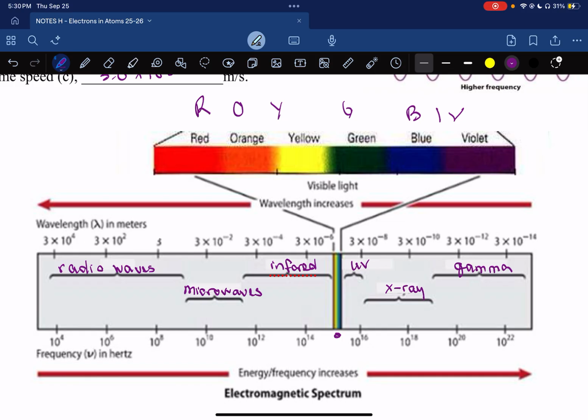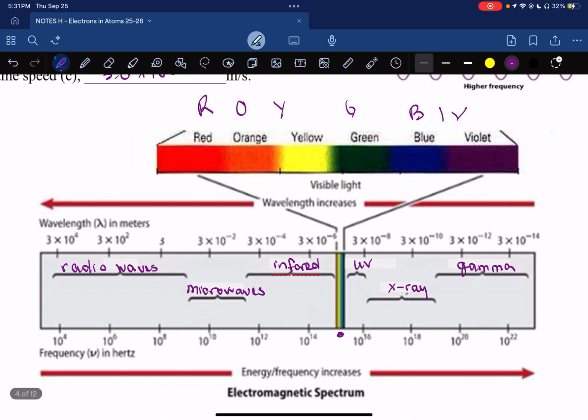Now we're moving from the right side to the left side, and we see x-rays. You know that when you have to get an x-ray, they cover up part of your body with some kind of heavy metal, like a lead apron, so that these rays cannot pass through and damage other parts of your body. We just want to concentrate that x-ray right where we need it and nowhere else, because x-rays can be dangerous.